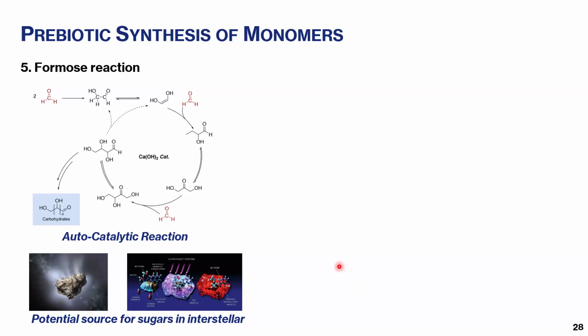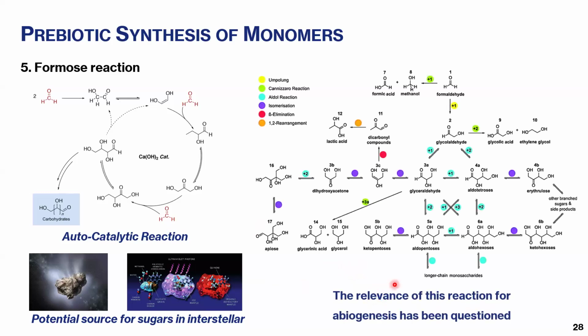So the relevance of the Formose reaction for abiogenesis has been questioned, given that if not stopped quickly, it results in the degradation and polymerization of the sugars, forming insoluble tar. And moreover, ribose is generated in a relatively low yield among a large assortment of other side products, including ribose isomers.